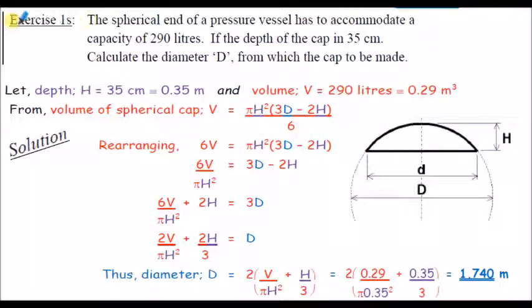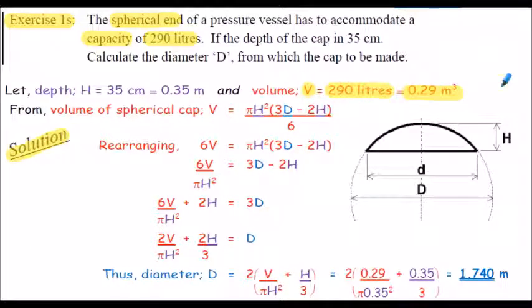Exercise 1S, here's the solution. So extracting the information from the question, the spherical end cap has to accommodate a capacity of 290 litres, so the volume is 290 litres. That's been converted here into meters cubed, so that's 0.29 meters cubed.